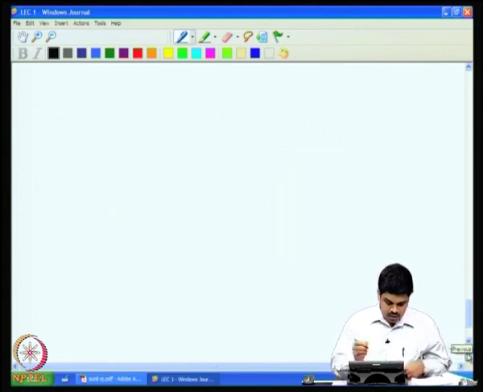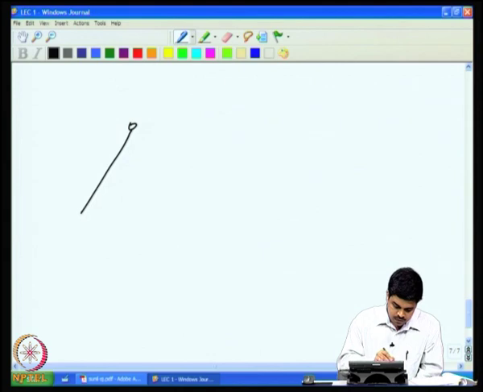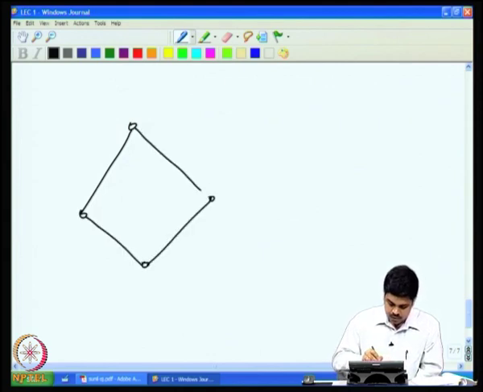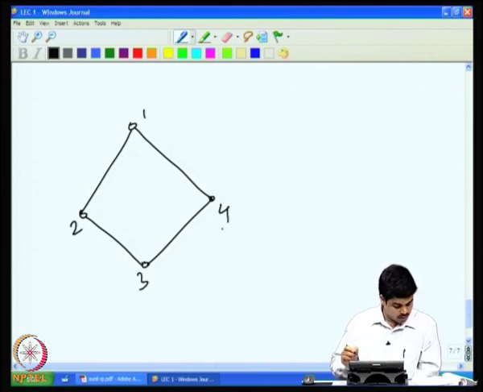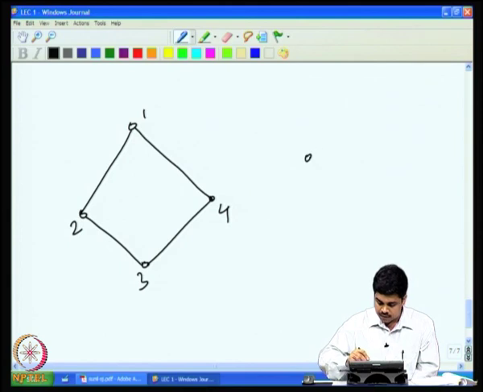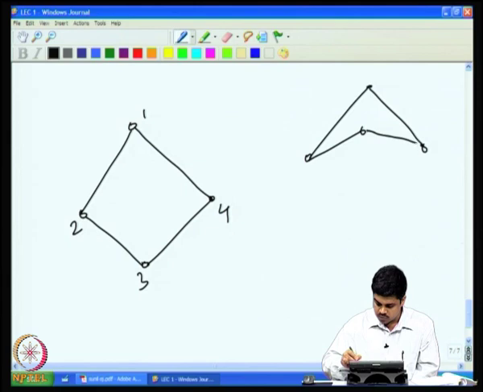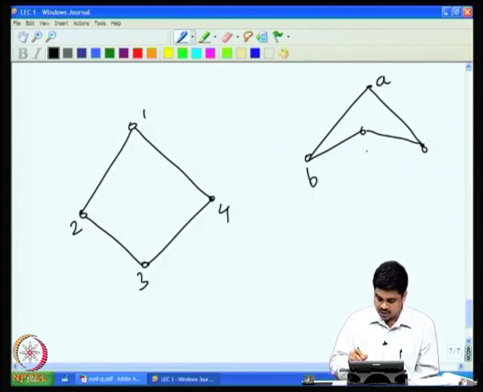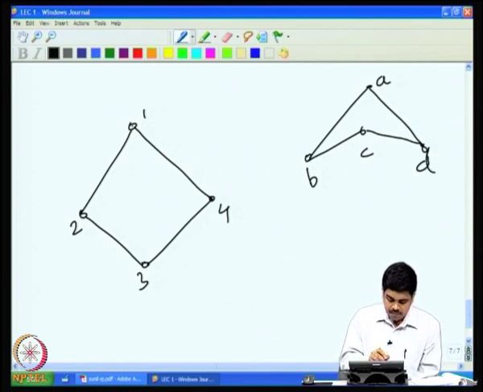So, here let us draw a graph. This is our G here, with vertices 1, 2, 3, 4. Now consider another graph like this. It looks very different, but we say that these 2 graphs are isomorphic, because, let me name it A, B, C, D, I can map vertex 1.